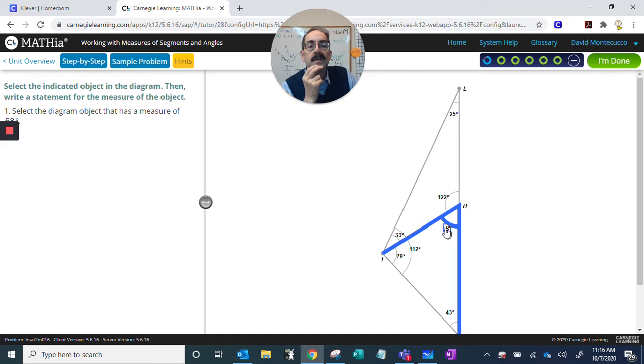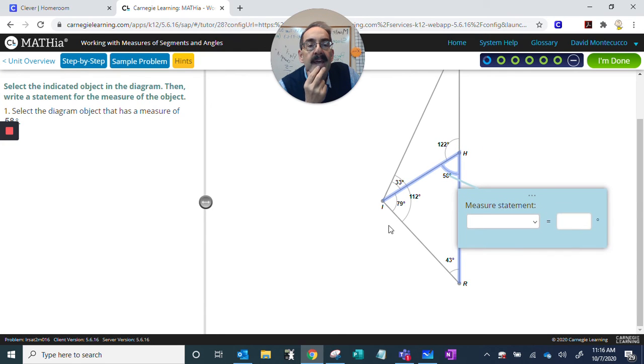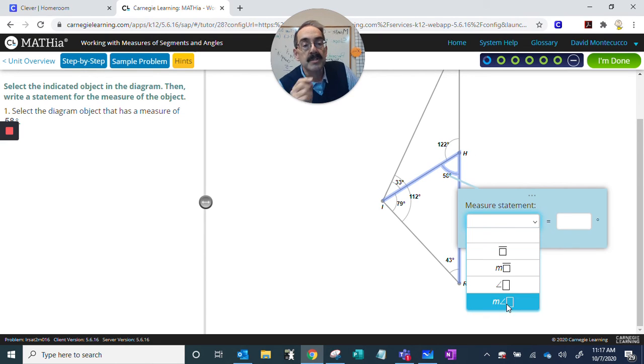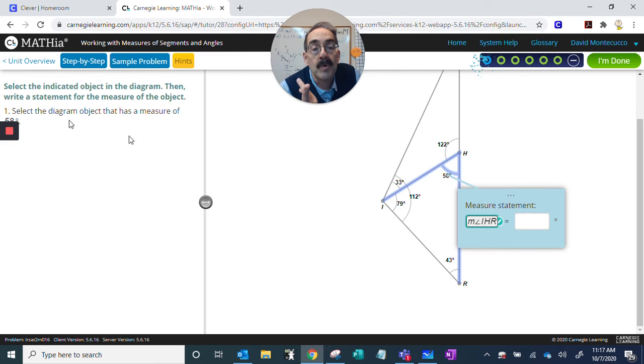We're going to highlight it, and then we'll probably answer a couple of questions about it. So in this case, H is the vertex, so IHR, and we want to measure. So angle measure IHR, and in this case, it was the one that was 58 degrees, so we'll click on 58.